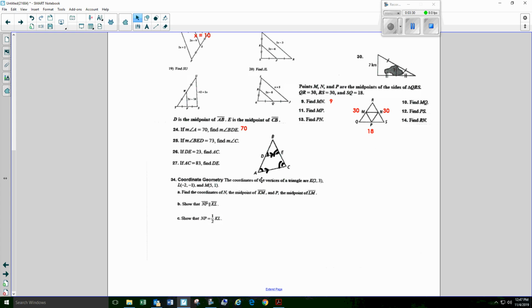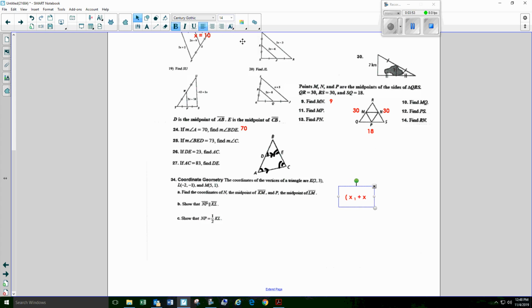Okay, as you plot in the coordinate plane, take the midpoints of K and M, using the midpoint formula. I'll write it out here for you. We just find the average of the coordinates. So x sub 1 plus x sub 2.